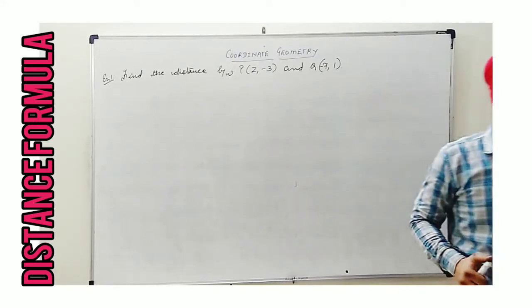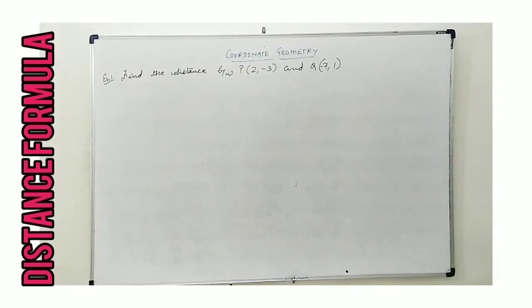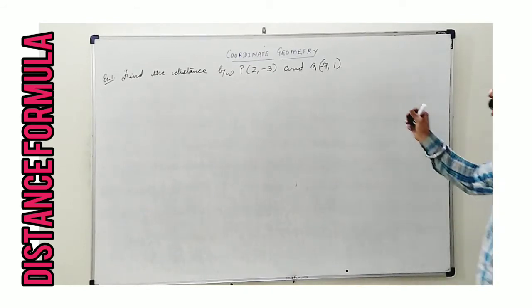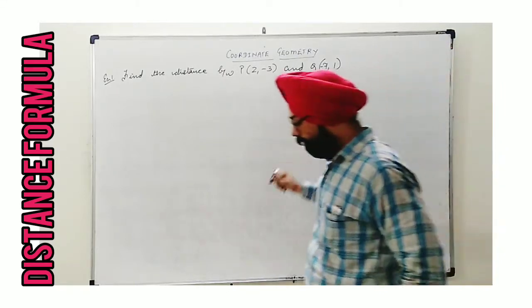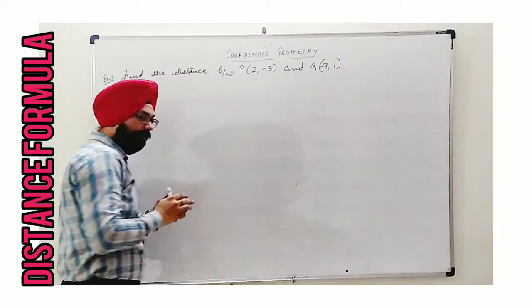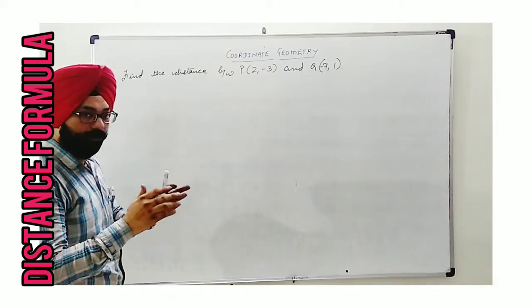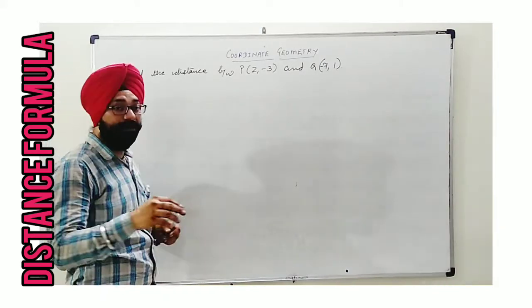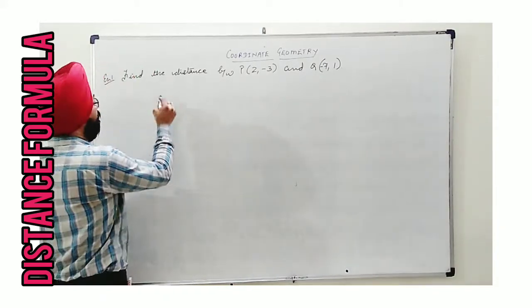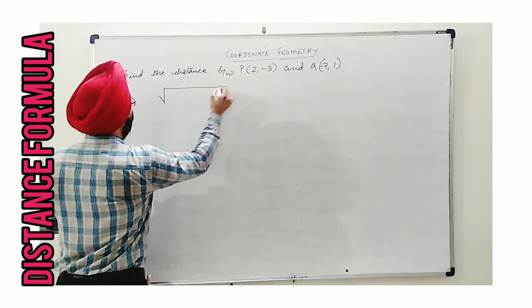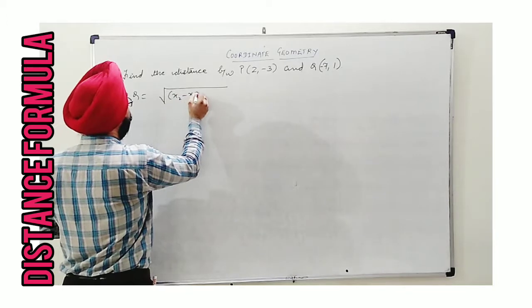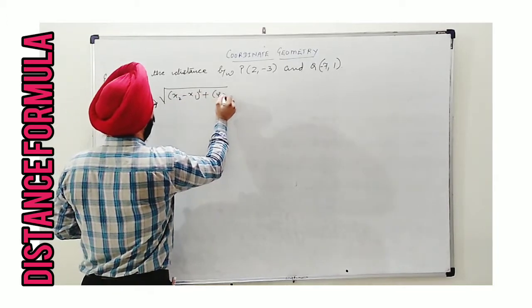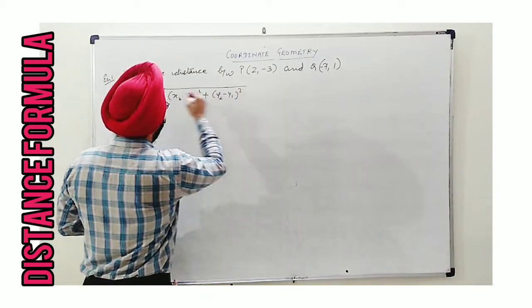We will see that here the coordinates of P and Q are given. First of all, the problem which you students may face is what goes in the formula. As I said, the distance formula was, if I want to find the distance PQ, this will be written as the square root of x2 minus x1 whole square plus y2 minus y1 whole square.